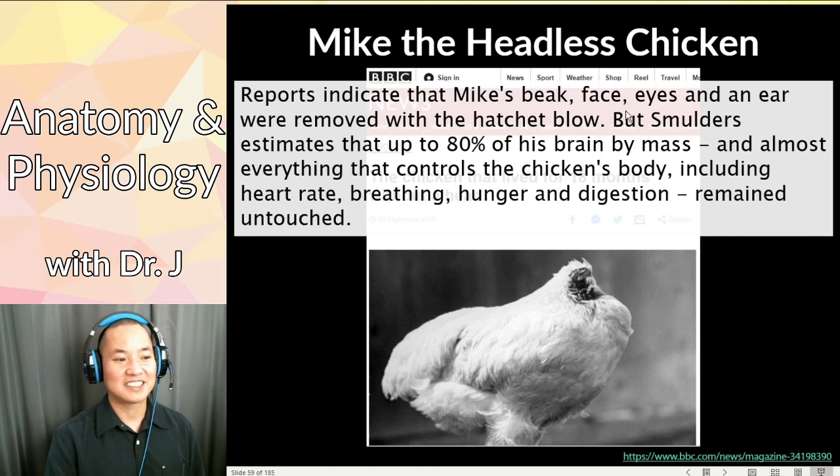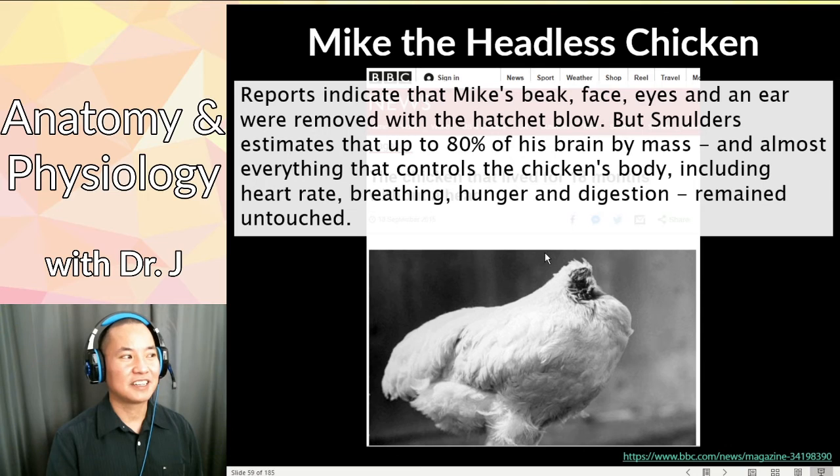The beak, face, eyes, and ears were removed, but the thing is that he left the brainstem intact. So the brainstem was actually still over here. So even though it was missing most of the cerebrum, Mike the Headless Chicken lived for 18 months without all of that part of his brain. That's why he was able to continue.